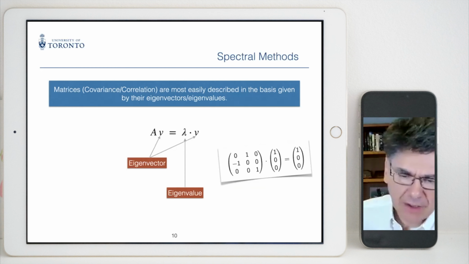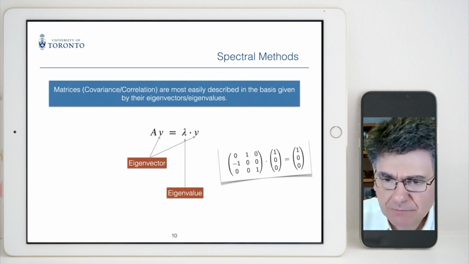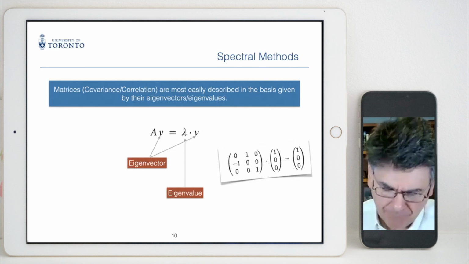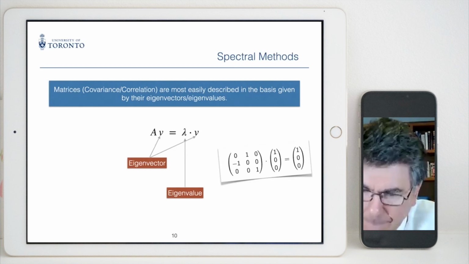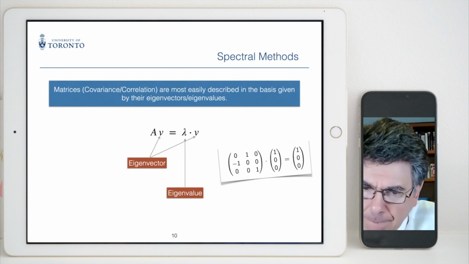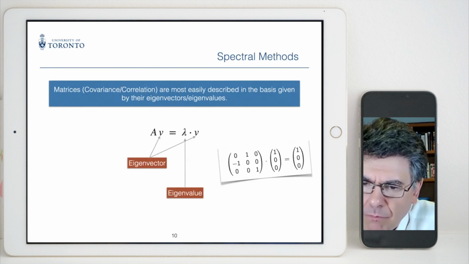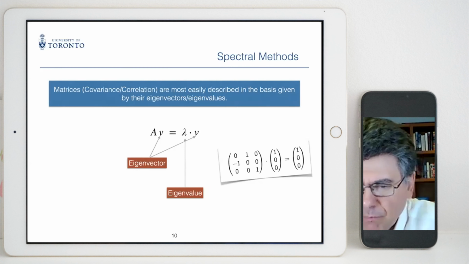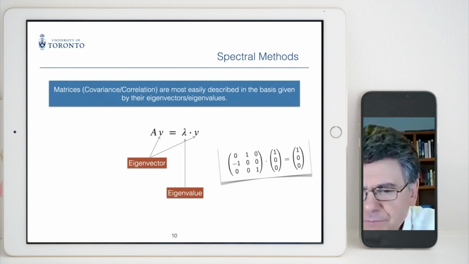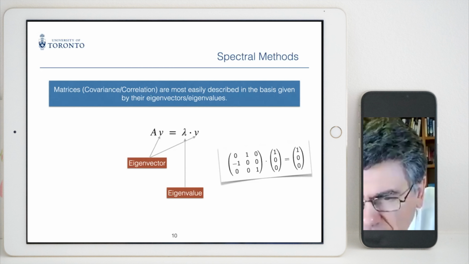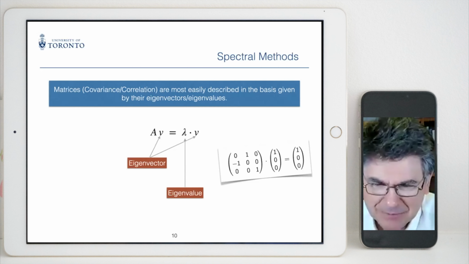Any other guess for the eigenvector and eigenvalue? No? No one knows, or you're looking for the answer? So maybe you don't know eigenvalues and eigenvectors very well.